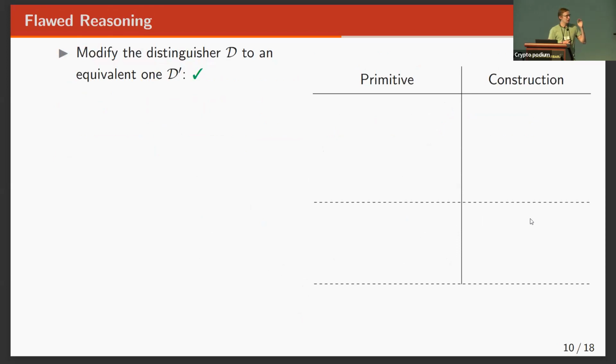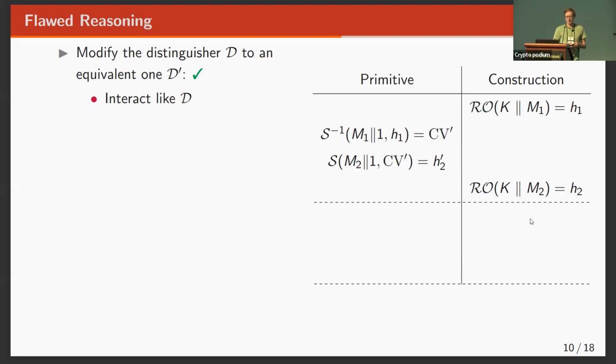The reasoning takes multiple steps, and some are also fine. It starts with modifying the distinguisher D to an equivalent one, D prime, and this step will actually be fine. So what does our D prime do? It starts with just interacting like D does. On the right side, I have an example, and this is actually the attack we had earlier. The attack started at the end, made an inverse query and then went forward again.